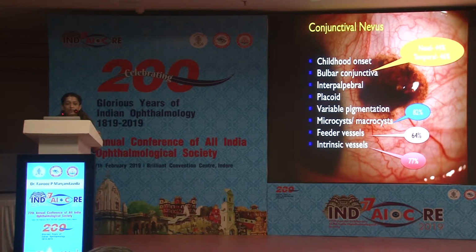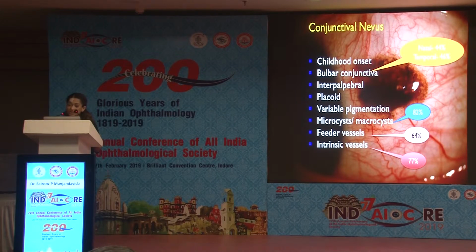So whenever we talk about these lesions in the conjunctiva, be it in the lid, anywhere, whenever we find a feeder vessel, it's again alarming. A feeder vessel, we always correlate it to malignancy. Dr. Vikas had shown you many amelanotic lesions with large, thick feeder vessels. Even conjunctival nevus can have feeder vessels, because with conjunctival nevus, most of the time the parents come to your clinic telling, well, I'm seeing this lesion growing in my child and I'm worried.